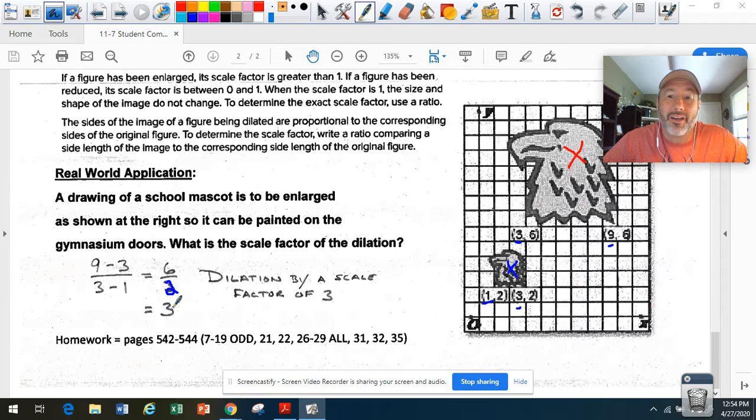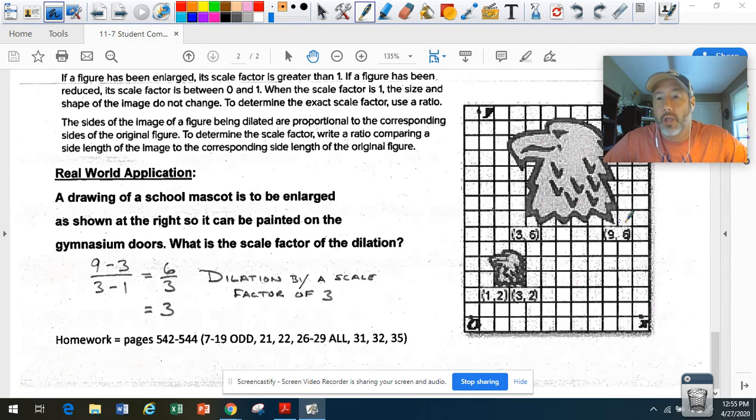Now, there are several other ways to look at this. This is not the only way to do it. Let's take our new x value here, which is 3, over our original x value, which is 1. 3 over 1 is what? Yeah, you got it. That's 3. Okay, let's try the y. Take our new here, which is 6, over our original here, which is 2. 6 over 2 is what? 3.